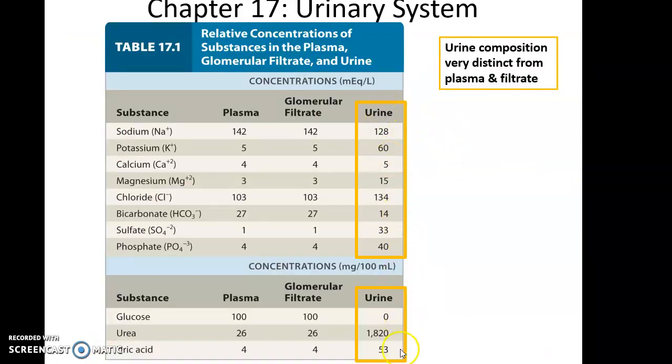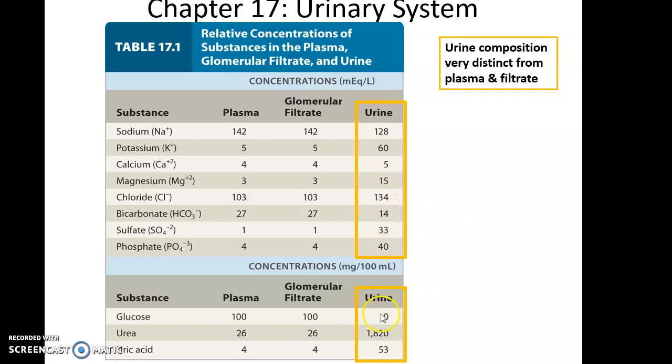So the final composition of urine is extremely different from what we had in the blood plasma and in the glomerular filtrate. Sodium concentration goes down a little bit, but potassium concentration is dramatically higher. Chloride concentration is higher. Other electrolyte concentrations change.